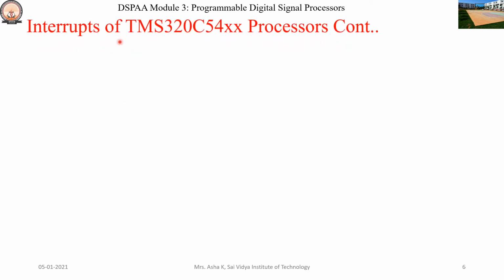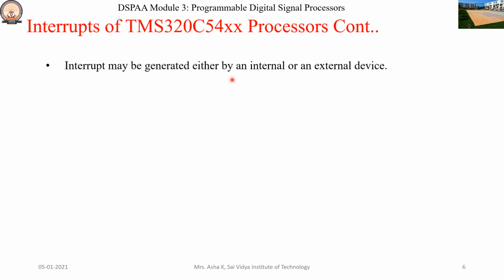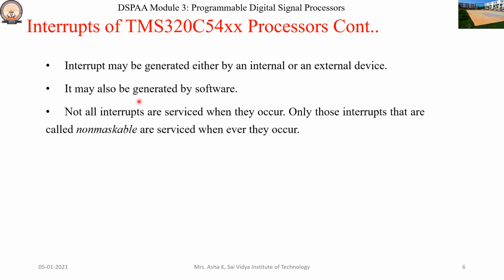The interrupts may be generated either by an internal or external device. They may also be generated by software. Not all the interrupts are serviced when they occur. Whenever we want to give priority, we give priority to those interrupts. If priority is not required, we will not execute those interrupts.